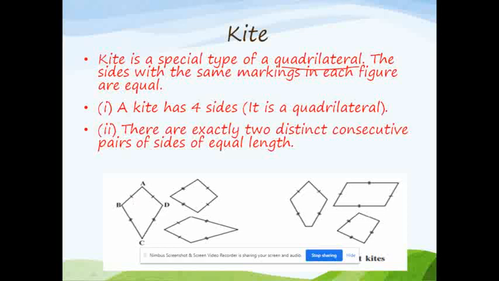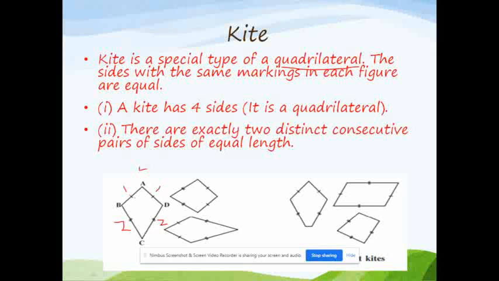Look here. I'm going to take the first figure. AB and AD are equal in length. Suppose it is 1 centimeter, this is also considered 1 centimeter. Then BC is equal to CD.